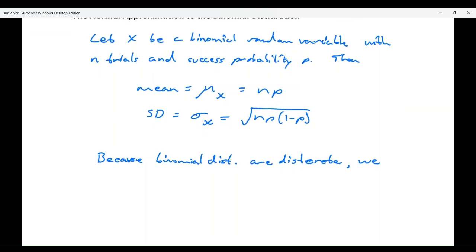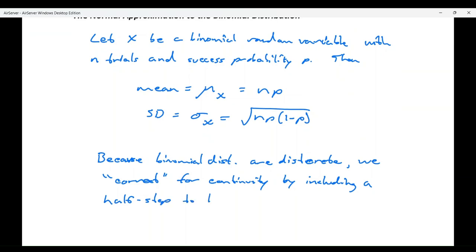So I'm going to say it this way: we correct for continuity by including a half step to our endpoints. Not halfway, half step. I'll show what I mean by this in an example. I'm not really going to explain this right now, but you've got it here in writing, so you can refer back to it.